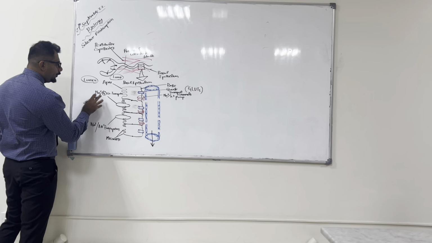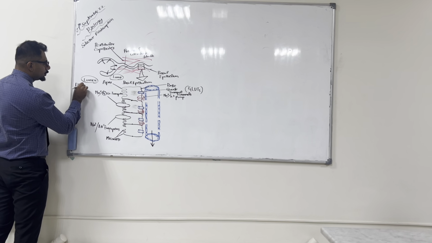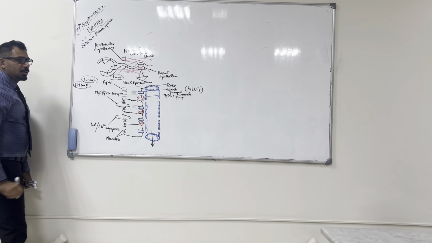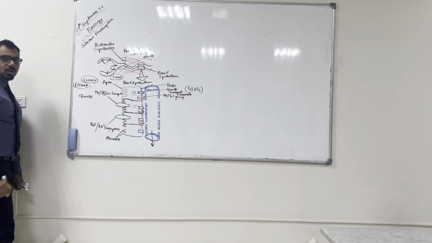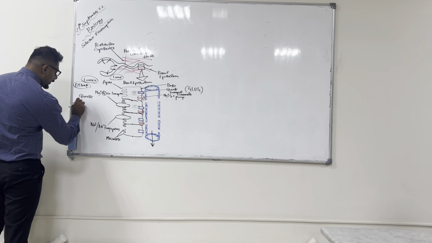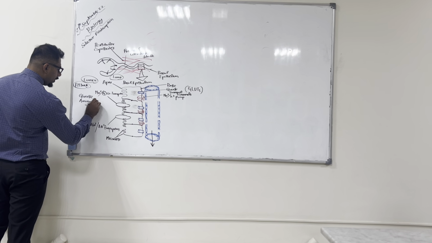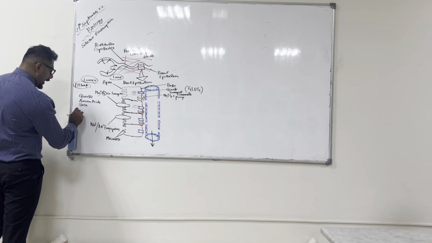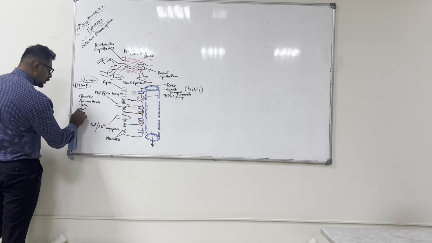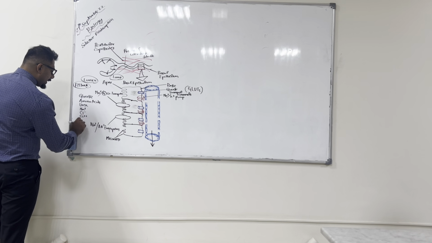Now once the filtrate is made, over here in the lumen there is filtrate. That filtrate contains what? Glucose. That filtrate also contains amino acids. That filtrate contains urea. That filtrate contains sodium ions. That filtrate contains chloride ions. That filtrate contains calcium ions, right?